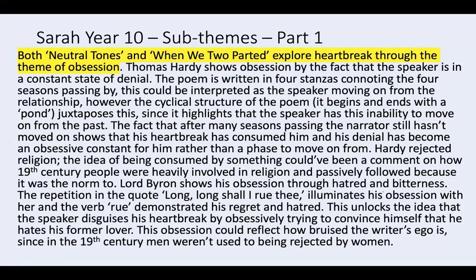So if you try to find the 2 P's that are in this paragraph, you can find them actually quite easily, because the first one is Thomas Hardy shows obsession by the fact that the speaker is in a constant state of denial.